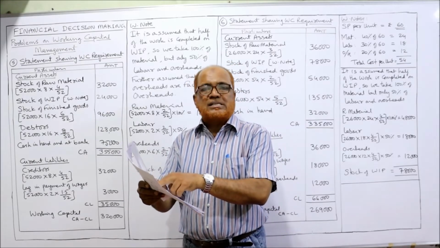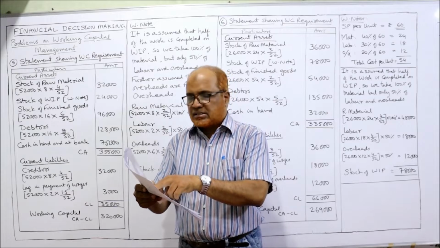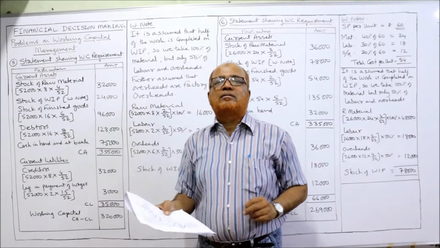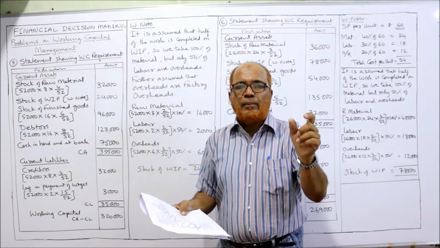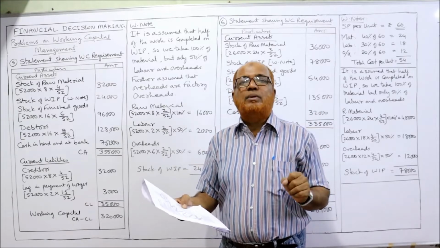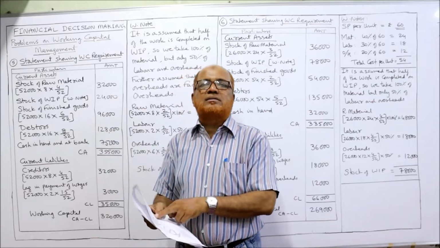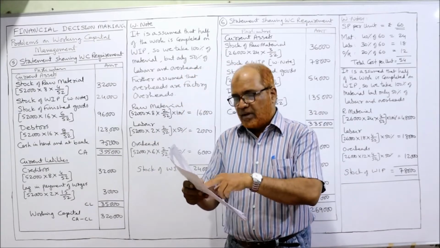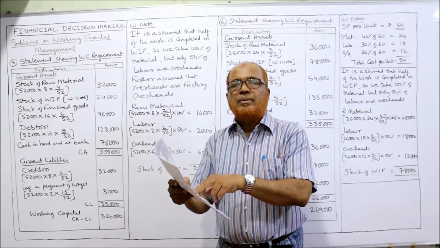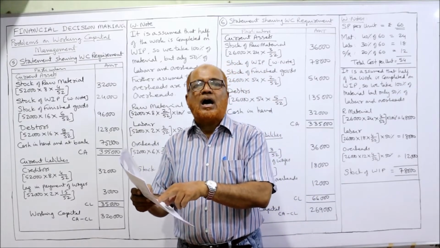Materials are in process, means work in progress, on an average for 2 weeks. So for calculating stock of WIP, we take 2 by 52. Finished goods are in stock on an average for 6 weeks, 6 by 52. And credit allowed to customer, customer means debtors.